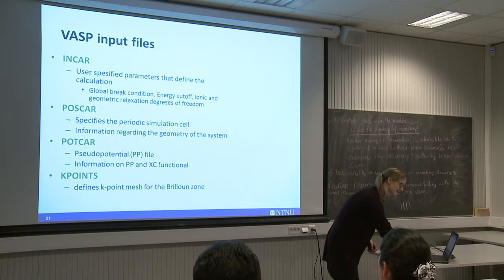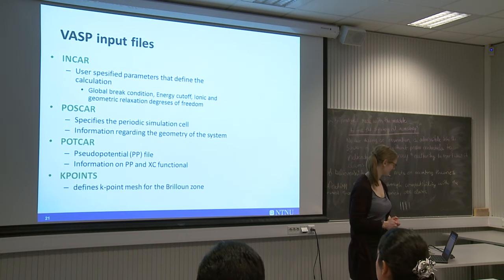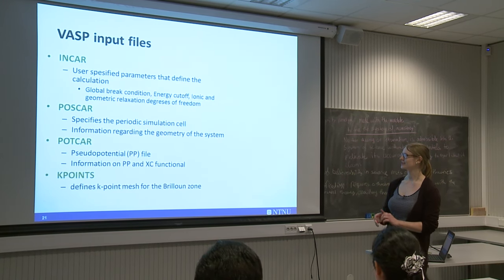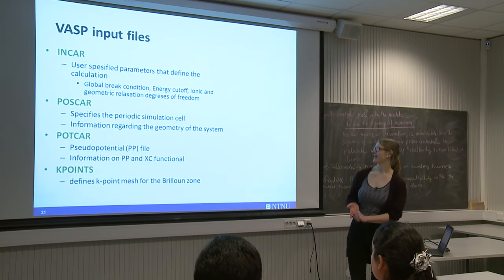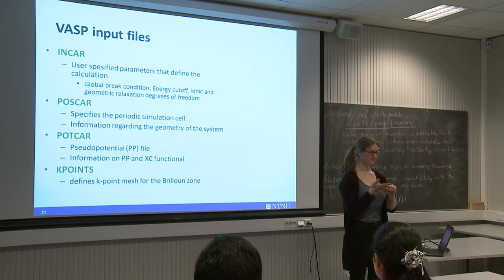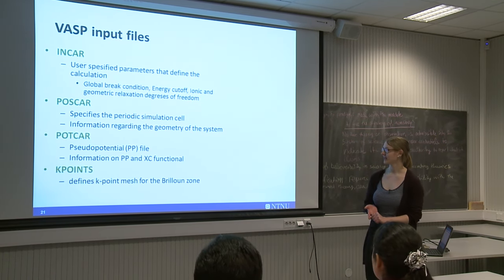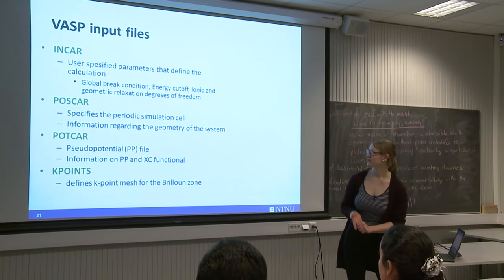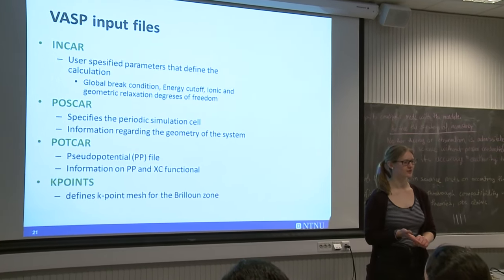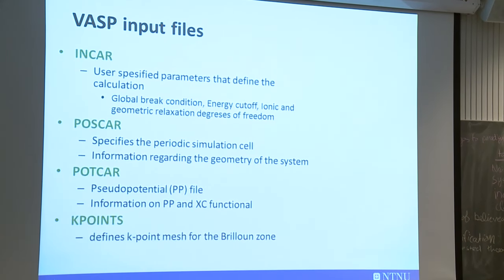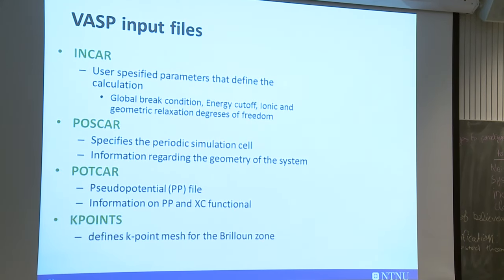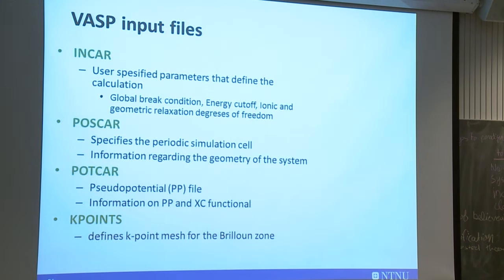So doing a simple DFT calculation in VASP includes making four main files. There are a lot of VASP files with names ending in CAR. I don't know where the CAR comes from, so don't ask.